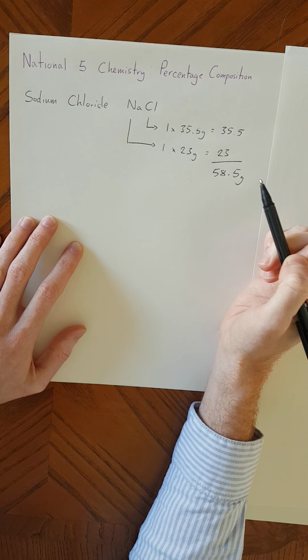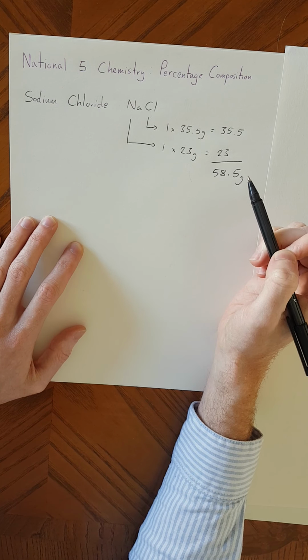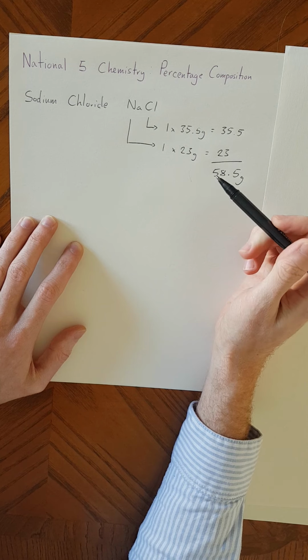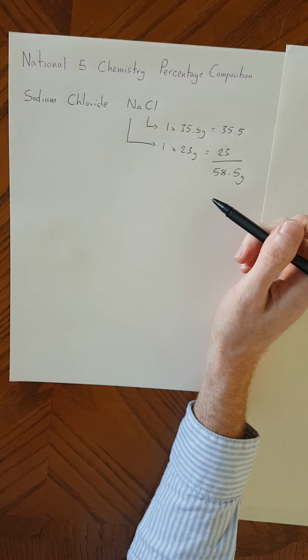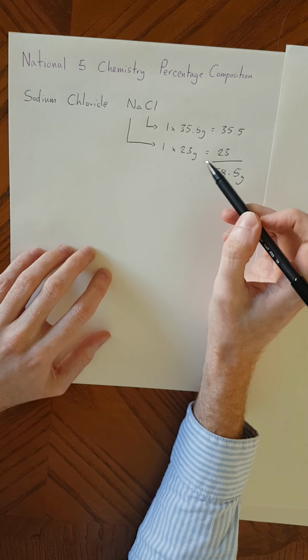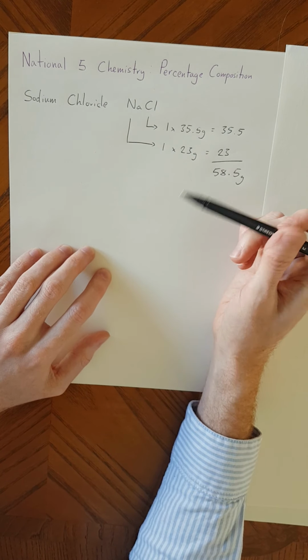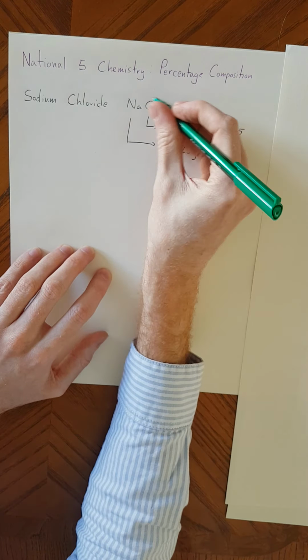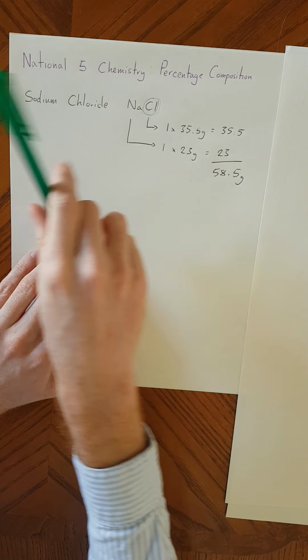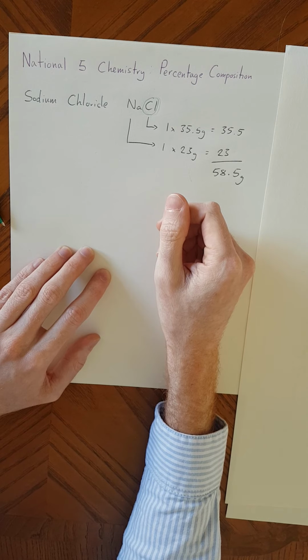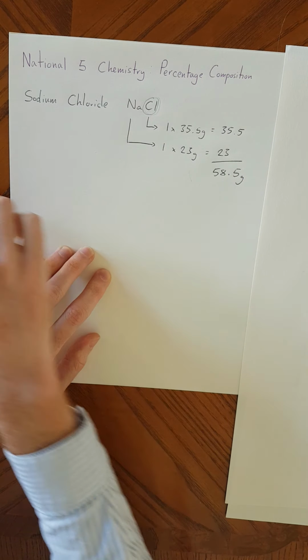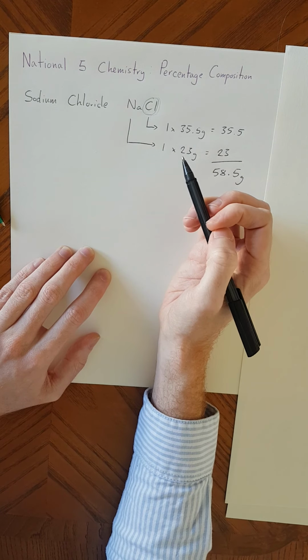For the element we are interested in, we then need to calculate the total mass of element present in the compound. So if we want to know our percentage composition of chlorine in our compound, let's highlight that, chlorine, then we know that we only have one chlorine in our compound.